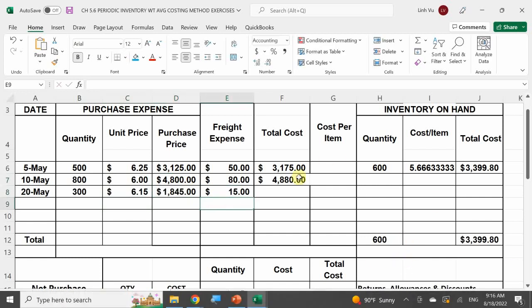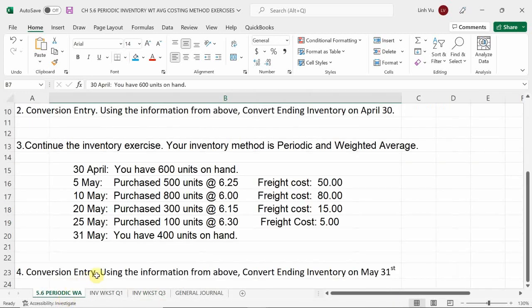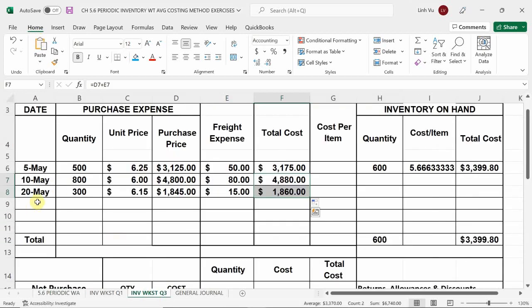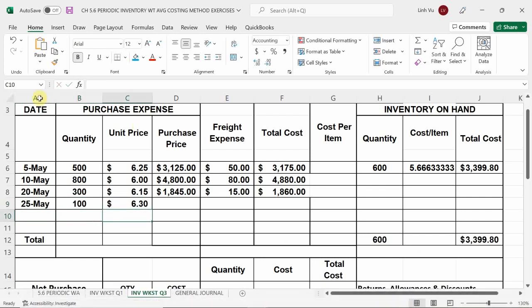And then I believe we have one more purchase after this. We've got May 25th. Purchase 100 units at $6.30 with freight of 5. That's 630 and 635.